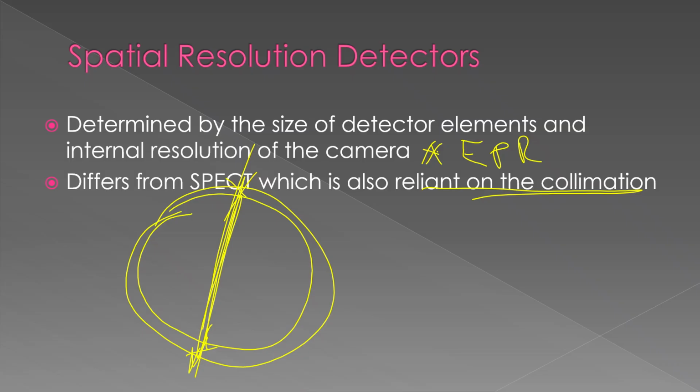Let's say there's a scattered photon that hits here, but its mate is over here. Neither one of those is going to count because they don't have a pair on the other end. And so we say it's electronic collimation because it has to be a coincidence event. It has to be two photons hitting opposite of each other for it to actually count. So it already has to be straight on, or sort of straight on.